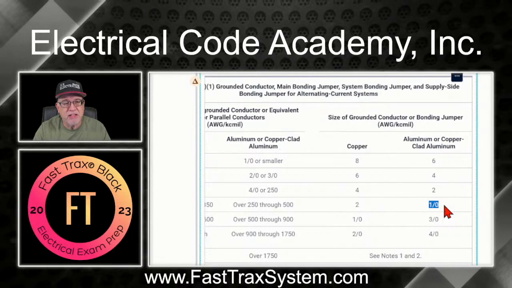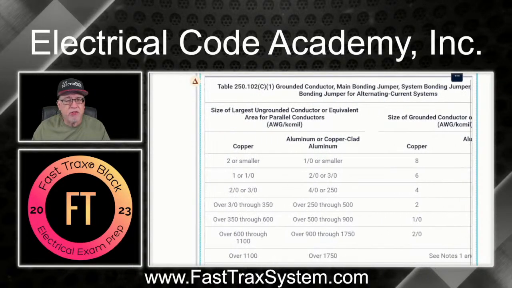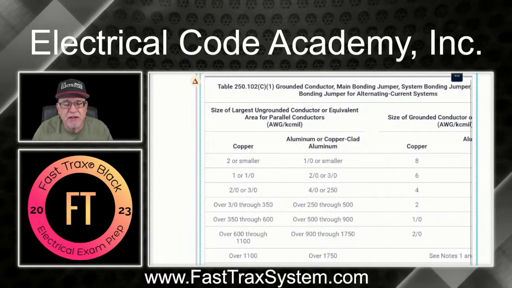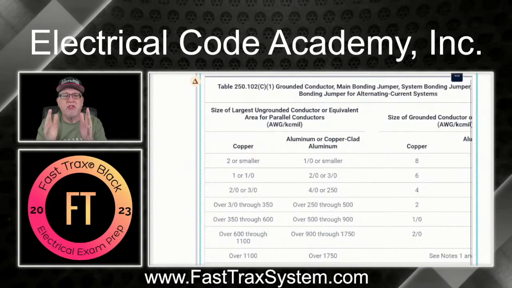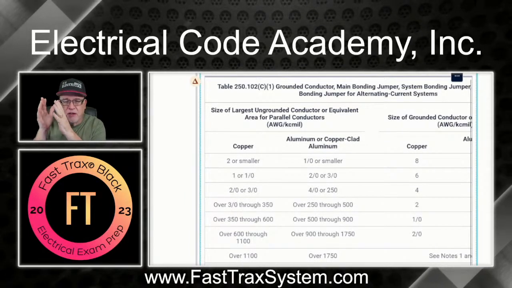Right? Makes sense? Now, what if we had that single raceway, like we had that picture of that wireway that had 2 sets in each? Okay, same thing. The only difference here is you have 2 sets, which has an ABC and a grounded conductor, and then an ABC and a grounded conductor.